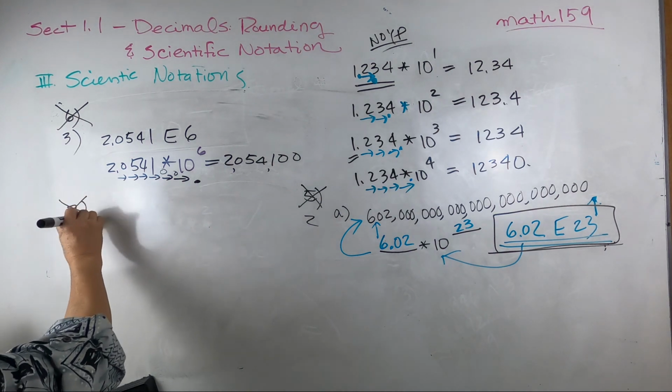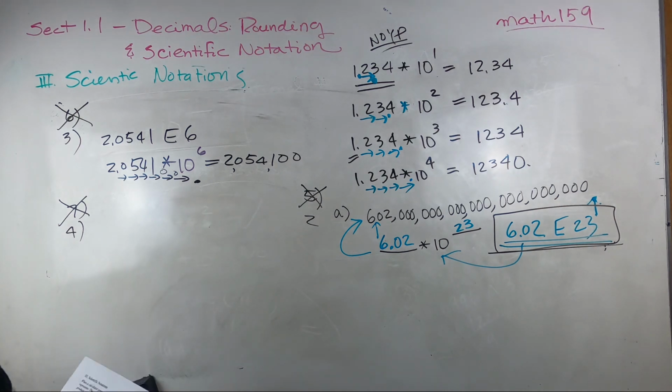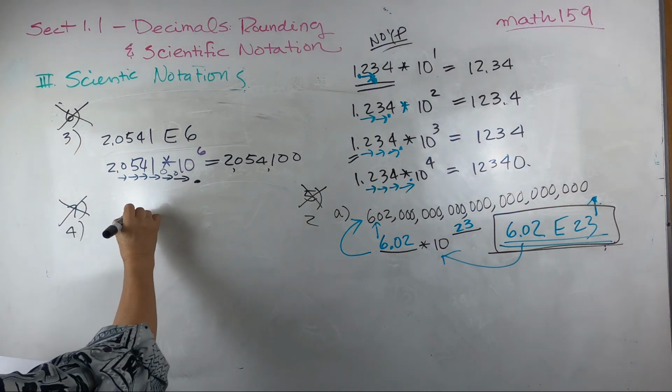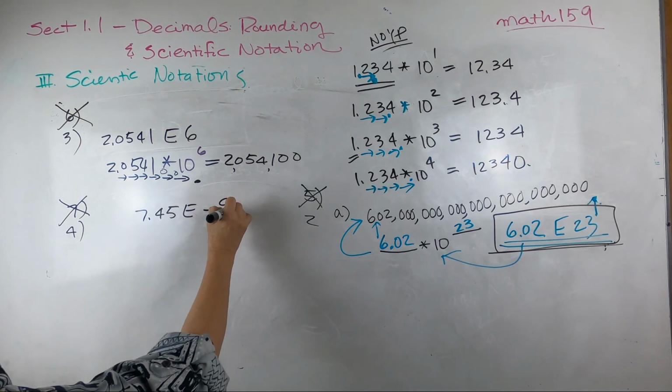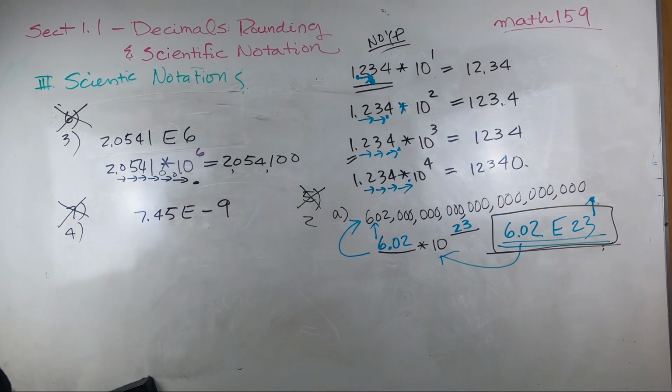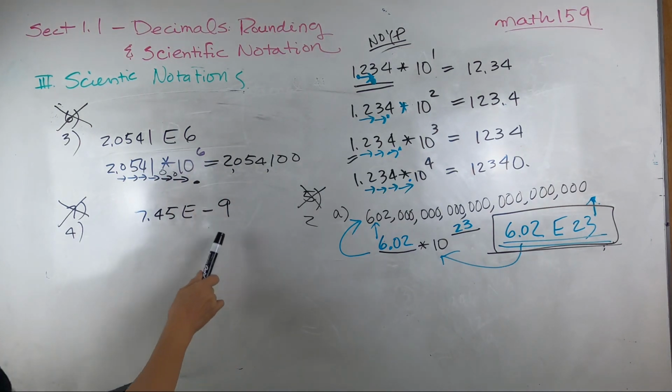Then on your paper, there shouldn't be 6, there should be 4. Another thing you might see is 7.45 E to the negative 9. Sometimes there's a negative there. Negative is the opposite of positive, right? So if positive, you move to the right. Negative, what do you think?